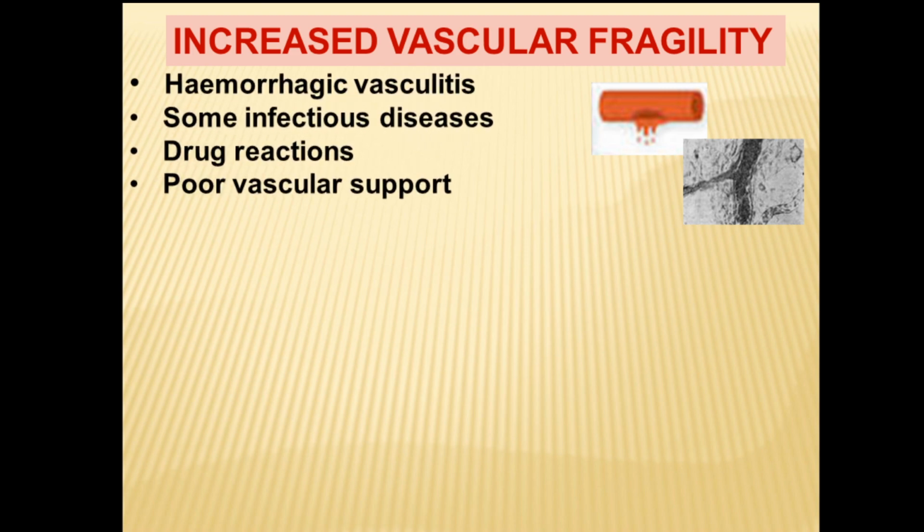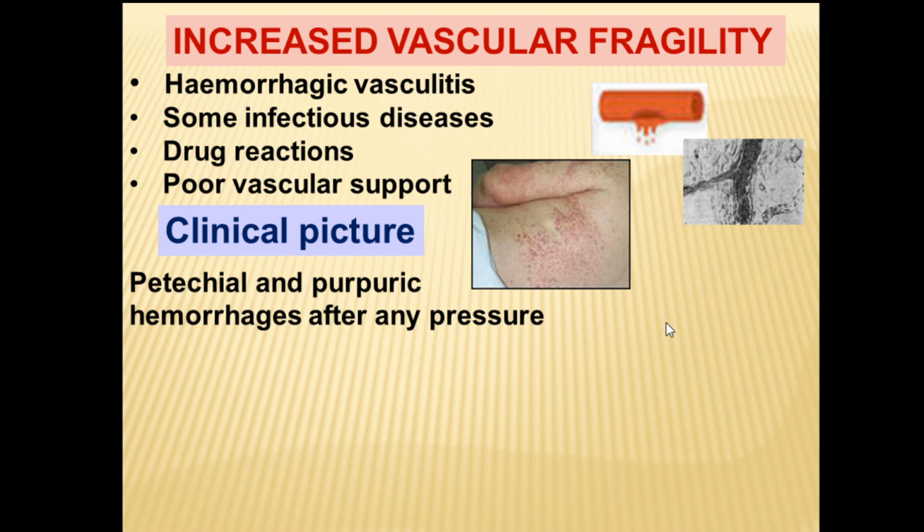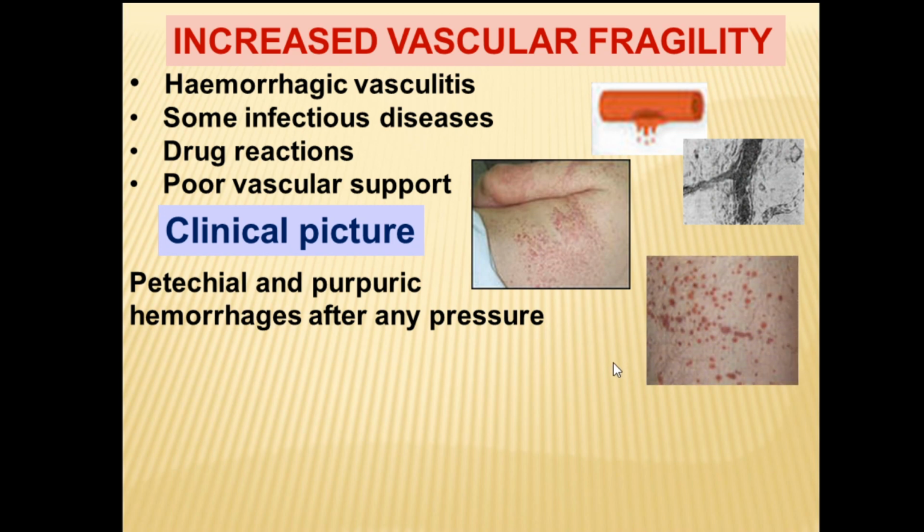hemorrhage. If the bleeding appears due to increased vascular fragility, which appears in diseases which you see on this slide, the patient is predisposed to petechial or purpuric hemorrhagic spots on the skin and mucus, which appear after any pressure, and pressure on the skin and mucus is not correlated with the activity of hemorrhage.